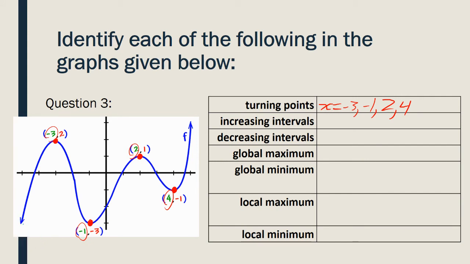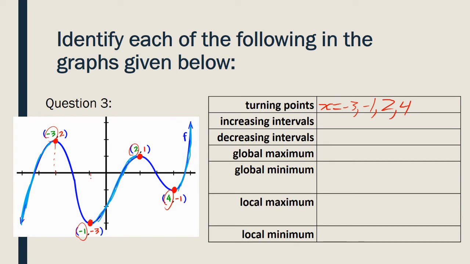So my increasing intervals, again, are anywhere my graph is going uphill. So right here, my graph is going uphill, and right here, my graph is going uphill. So I'm increasing according to my x values. Let's draw these dotted lines again.